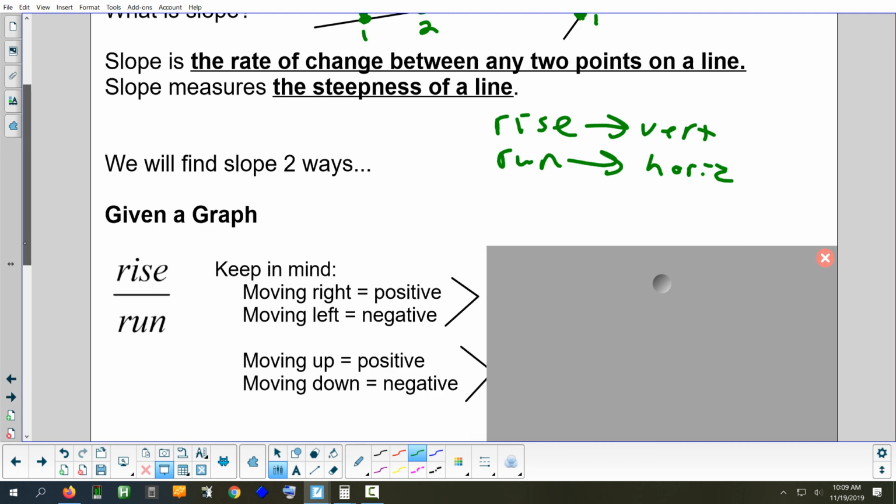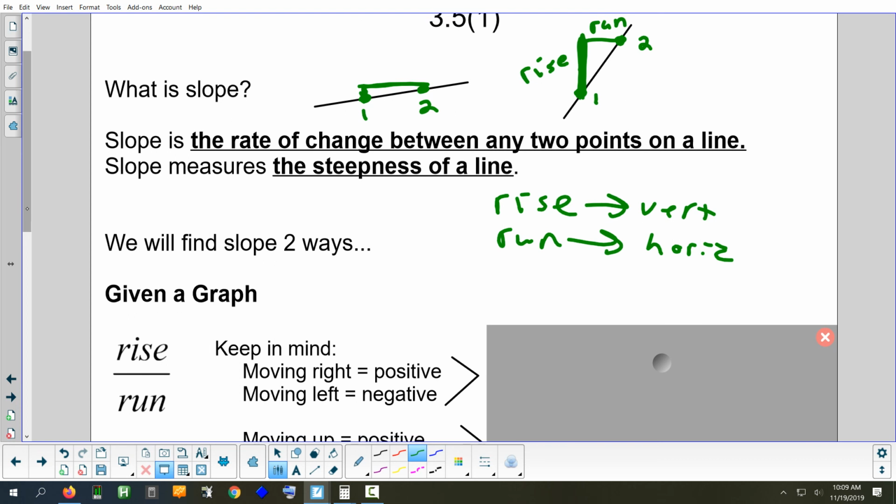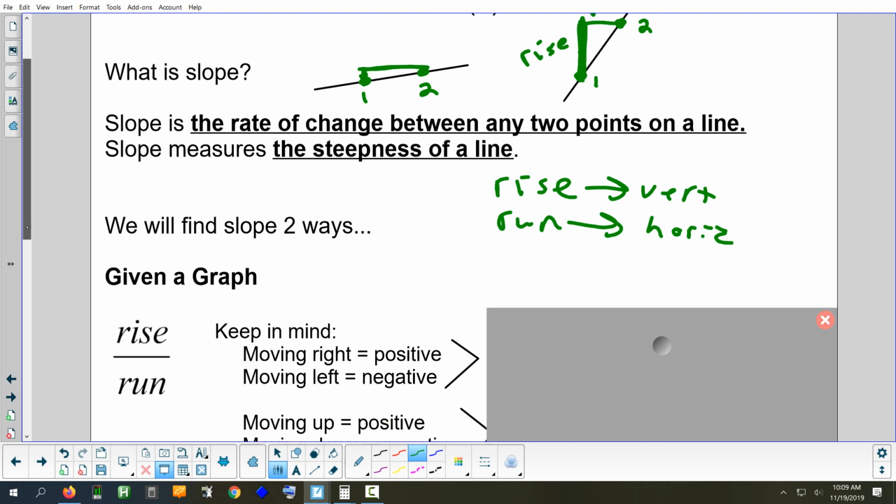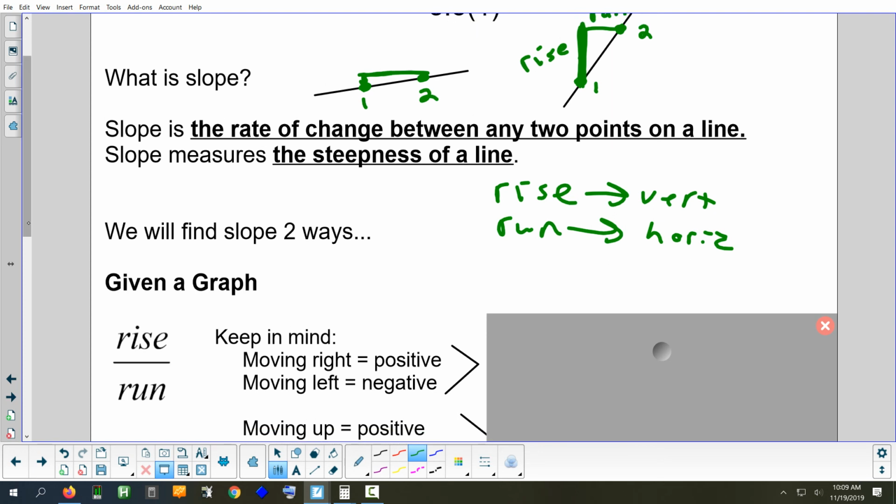Okay, so a couple things to keep in mind when you're counting or measuring your rise and your run. Right? Can I go back? When you think about horizontal, what are the two directions you can move if you move horizontal? Left, side to side, left to right.